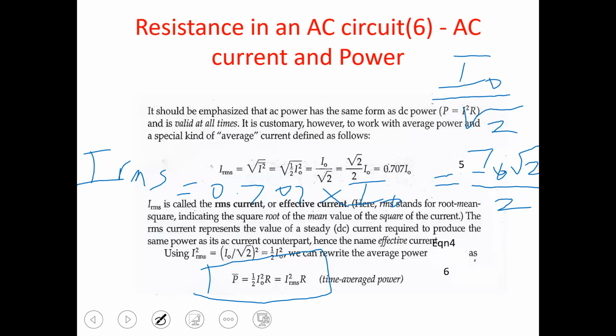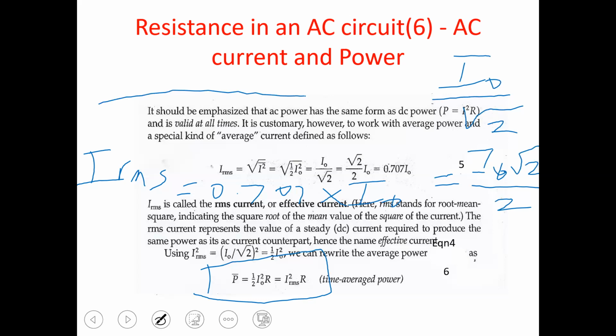And when we say V RMS, the root mean square voltage, it means that if, for instance, let's take NEPA, they say they supply us with 220 volts. That 220 volts is the root mean square voltage. If we plot the sinusoidal waveform coming from NEPA, it will go above 220 volts.